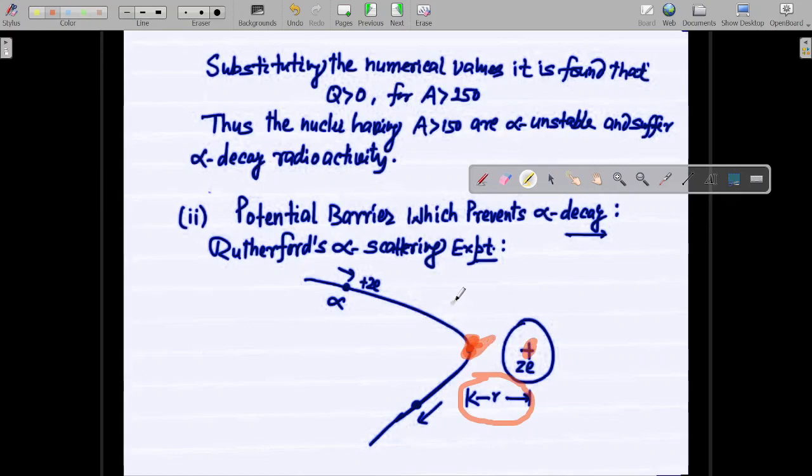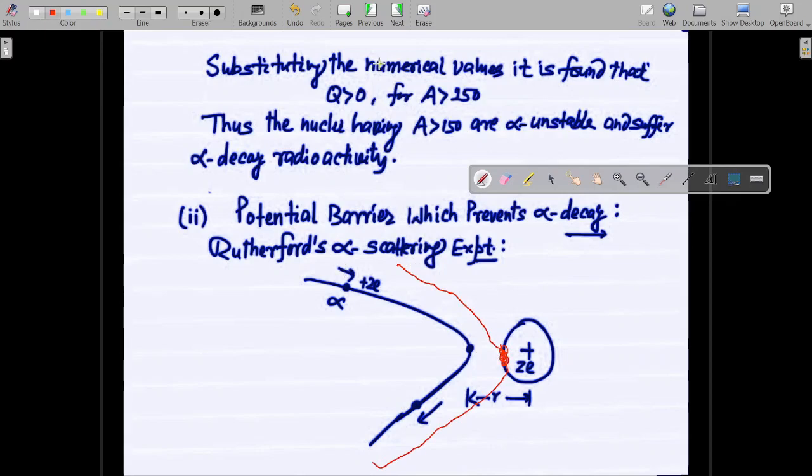If you keep on increasing the velocity of this alpha particle, then what will happen? The alpha particle will come even closer to the nucleus. And if you keep on increasing the velocity, one day will come when the alpha particle will touch the surface of the nucleus.